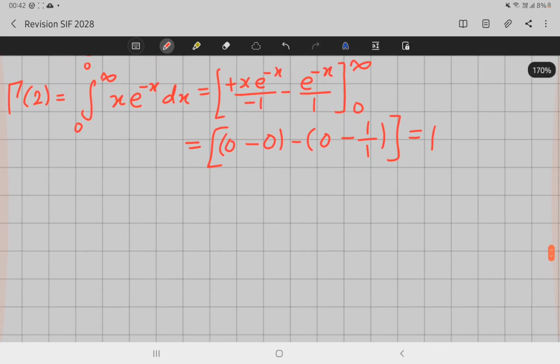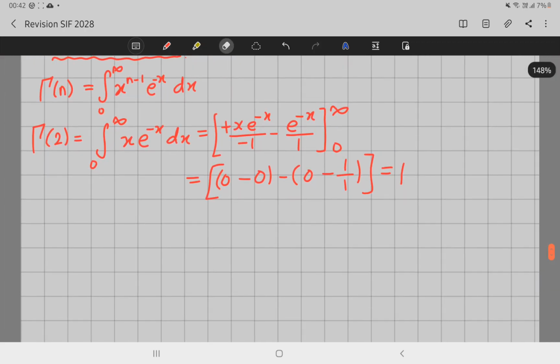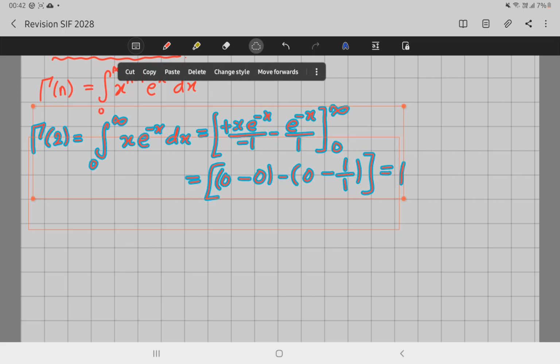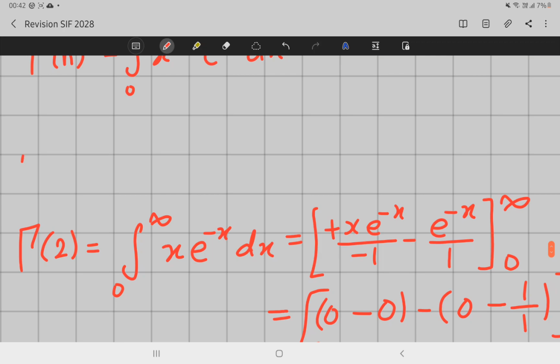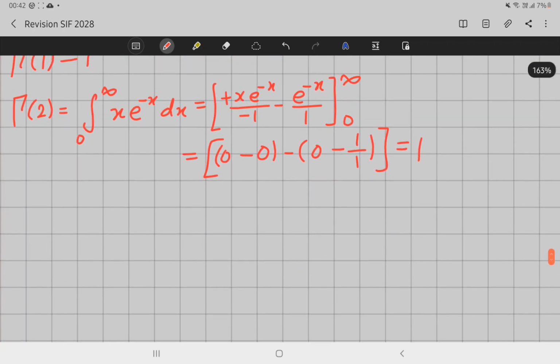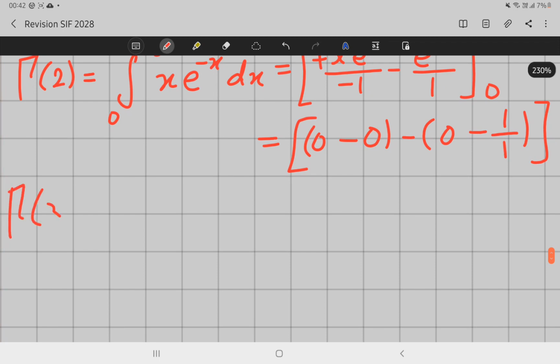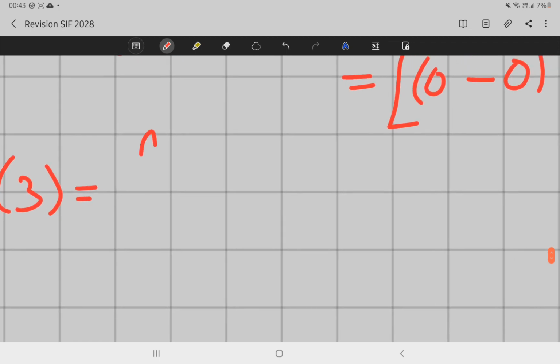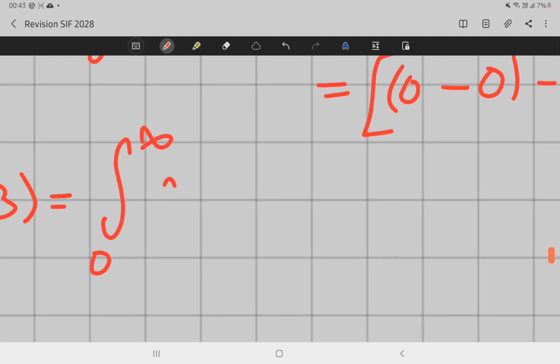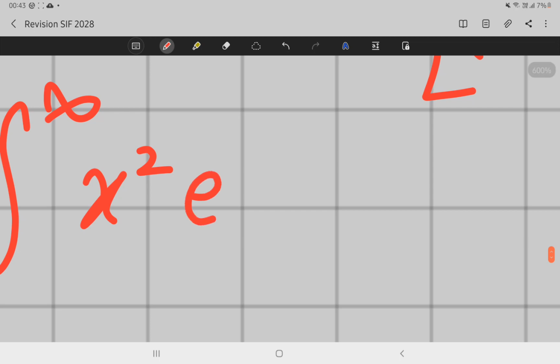What about gamma of 3? For your information, gamma of 1 is just 1, and gamma of 0 is infinity. Gamma of 3 is the integration from 0 to infinity of x squared e to the minus x dx.